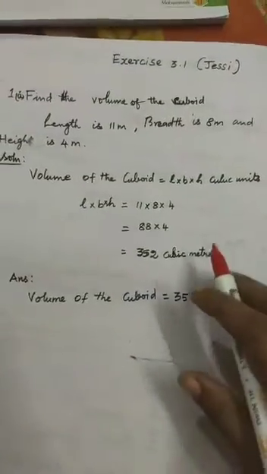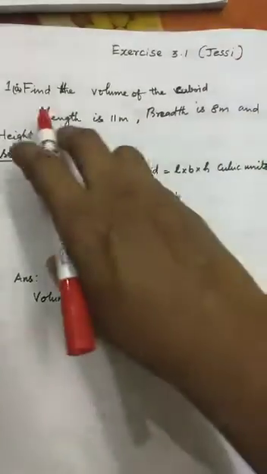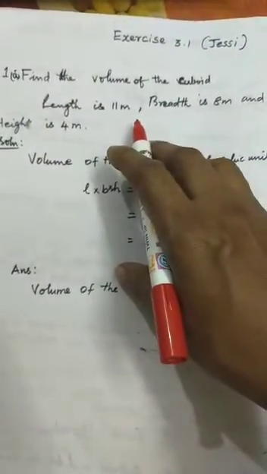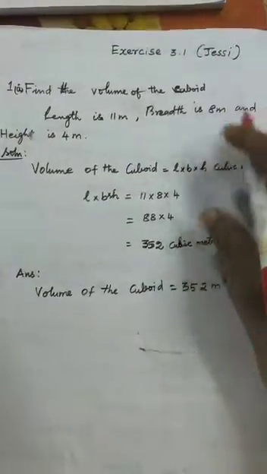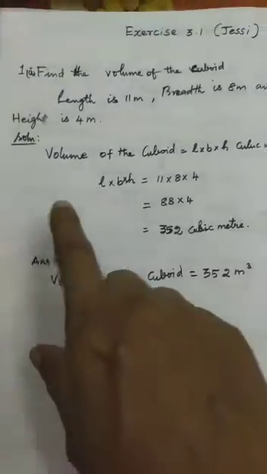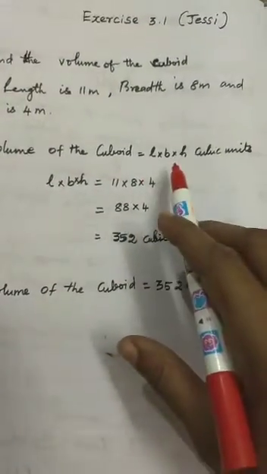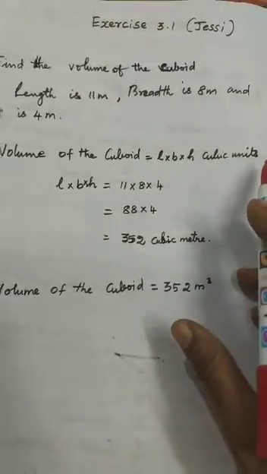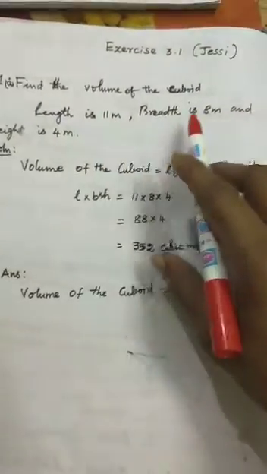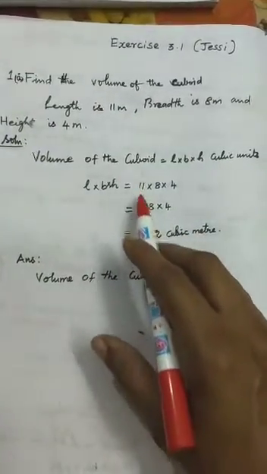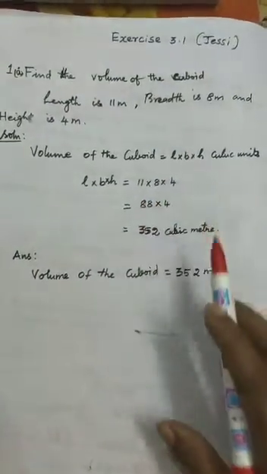Then exercise 3.1, first sum. Find the volume of the cuboid. Length is 11 meter, breadth is 8 meter and height is 4 meter. Okay. Volume of cuboid is equal to L into B into H cubic units. So they are given L, B and H. L into B into H is equal to 11 into 8 into 4.